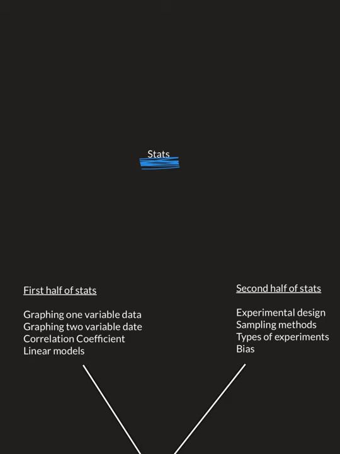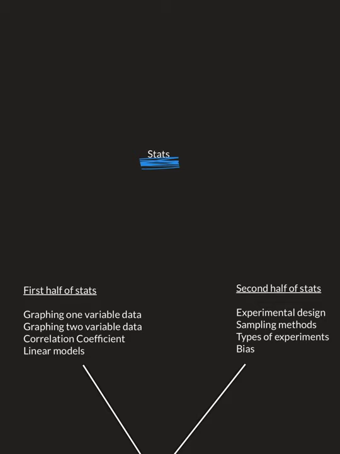So, first part of break, what we did is we graphed one variable data, graphed two variable, it says date, you should say data. Let's change that. Graph two variable data. So the one variable data, that was our histograms, our dot plots, our box and whisker plots.